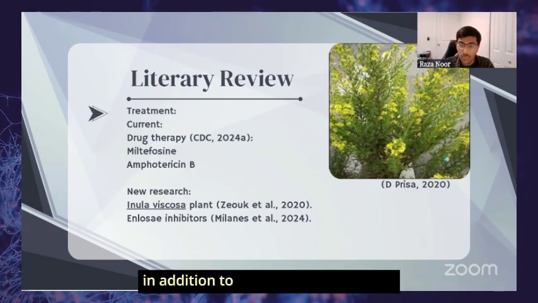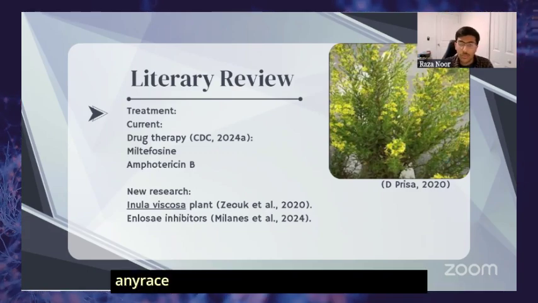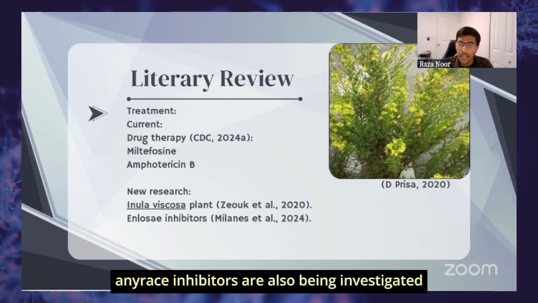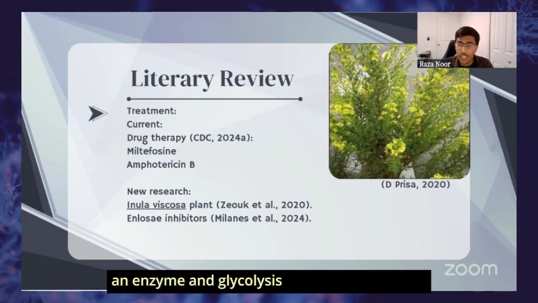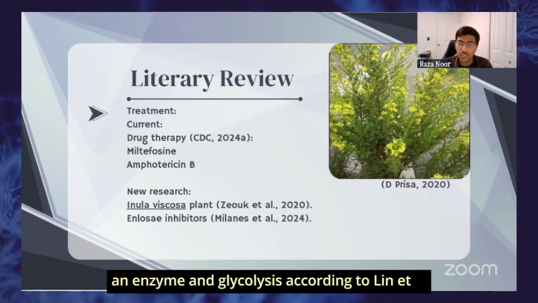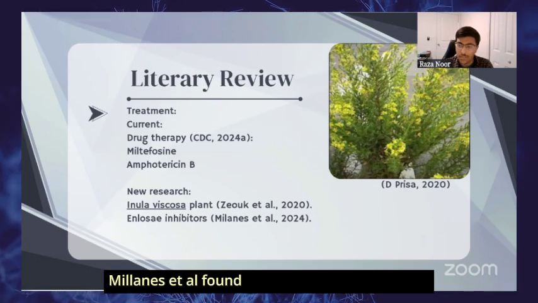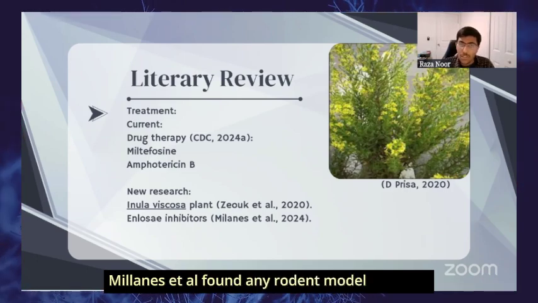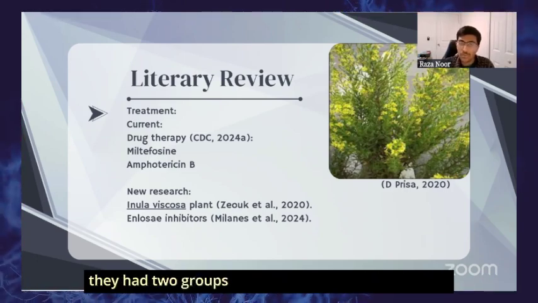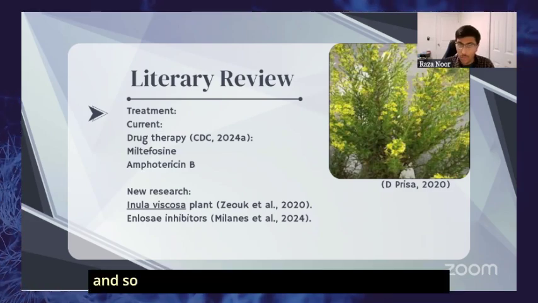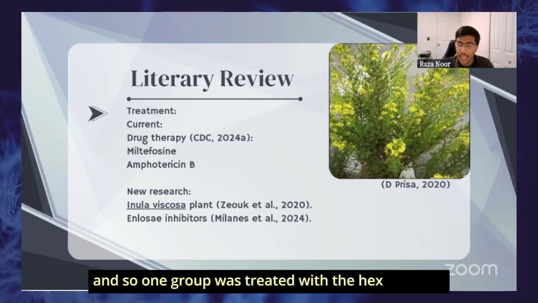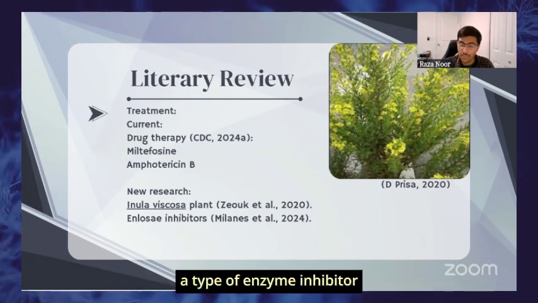In addition to the other treatment, enolase inhibitors are also being investigated. Enolase inhibitors inhibit enolase, an enzyme in glycolysis. According to Lin et al., Miranda et al. found in a rodent model, they had two groups, and both groups had 12 rodents. And so one group was treated with the HEX inhibitor, a type of enolase inhibitor.